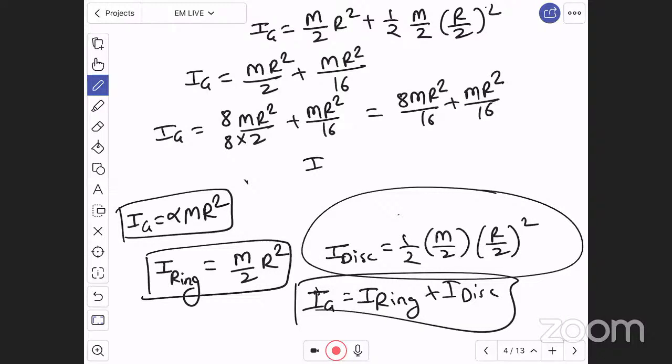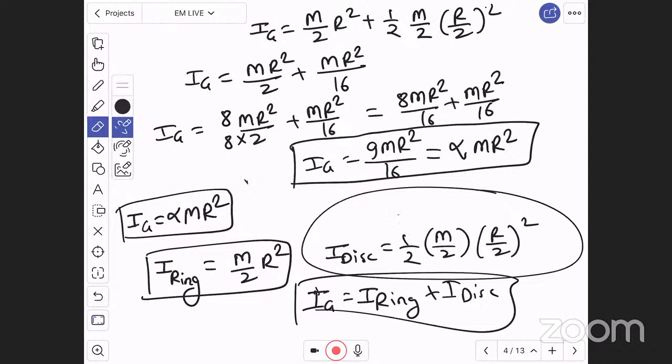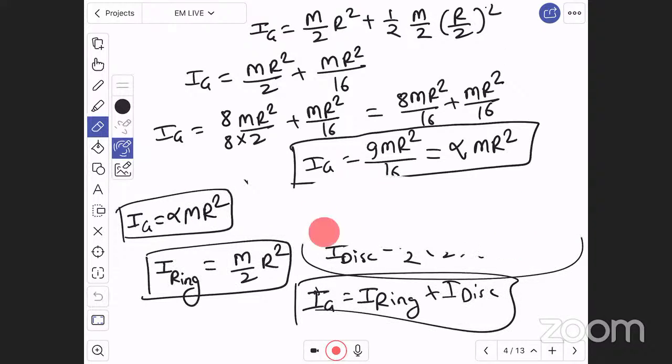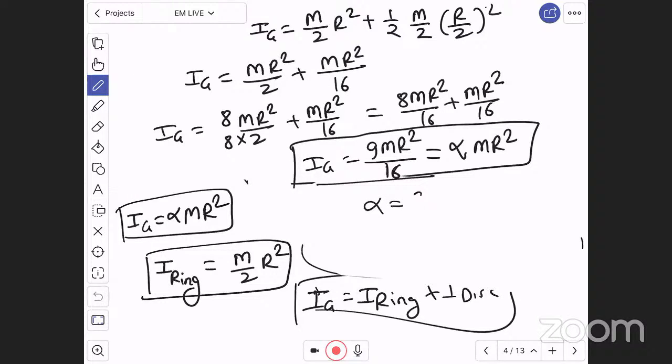Therefore, Ig is equal to 8 mr square plus mr square is 9 mr square divided by 16, which is nothing but, as given in the question, alpha mr square. Question में लिखा है Ig is alpha mr square. Therefore, the value of alpha will become 9 by 16. Equate, दोनों को equate कर दो ना. Alpha will become 9 by 16. Right.